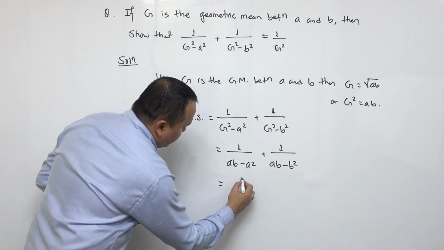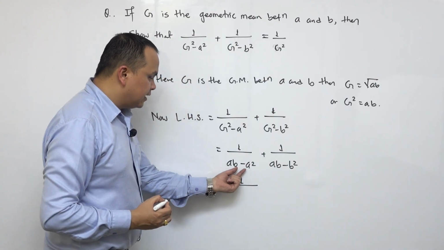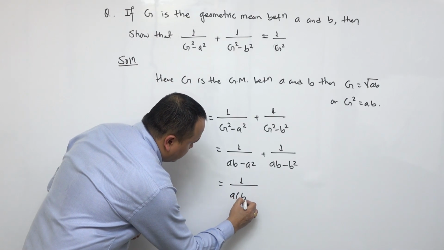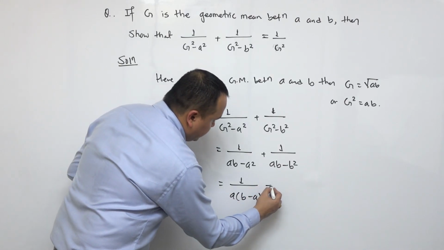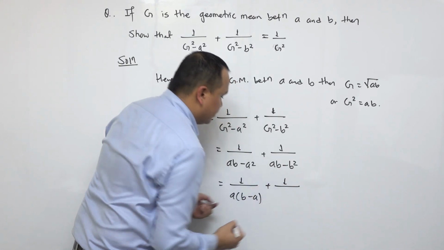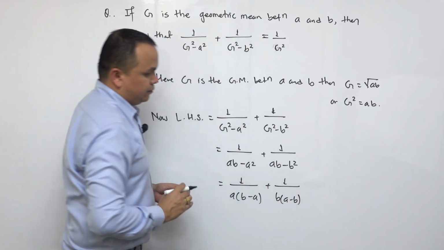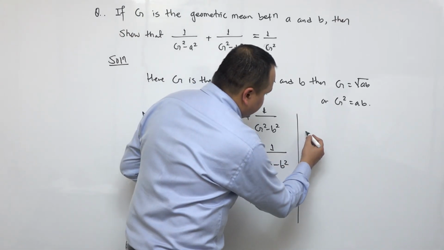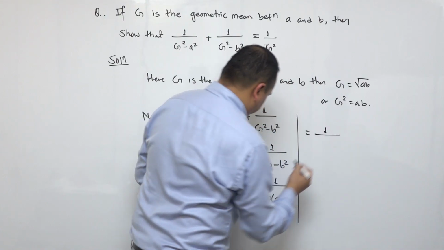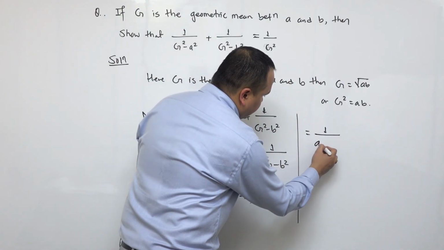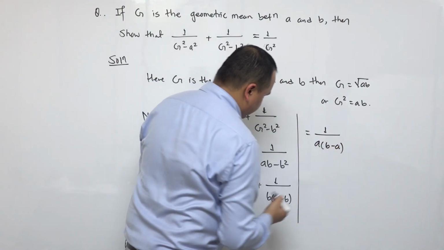This is 1 upon, here A is common, A times B minus A, plus similarly in the second term B is common, B times A minus B. Okay, continue. This is 1 upon A times B minus A.